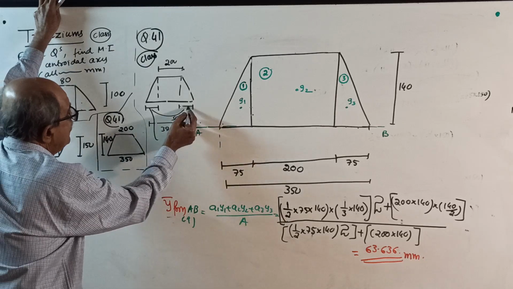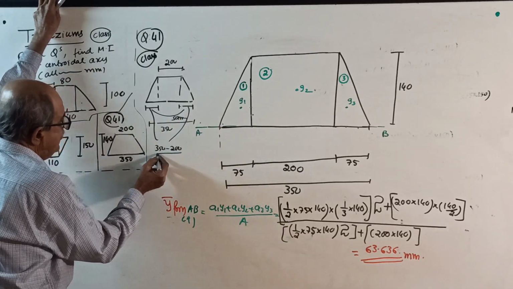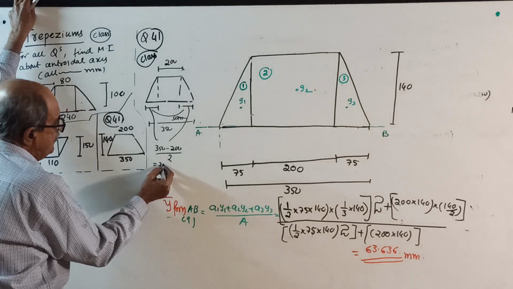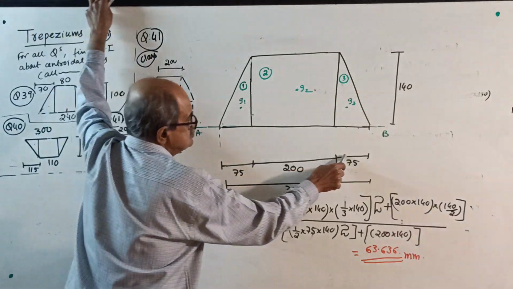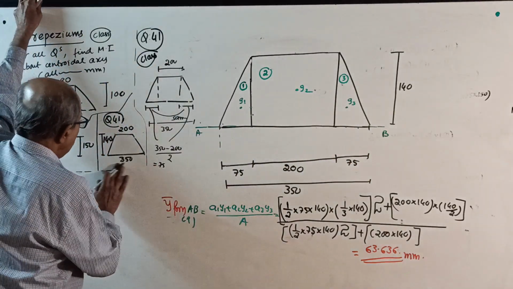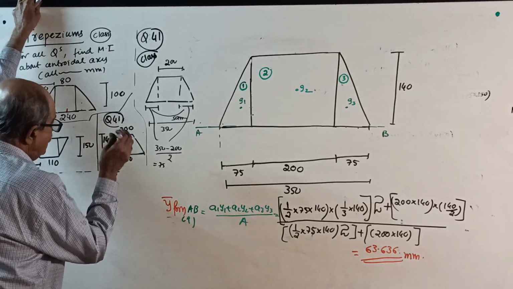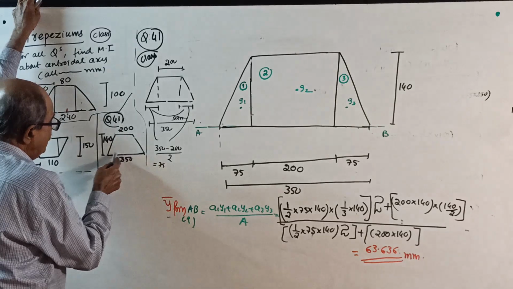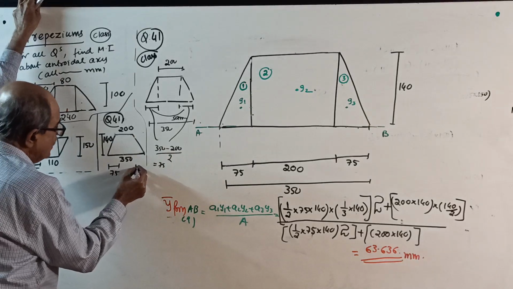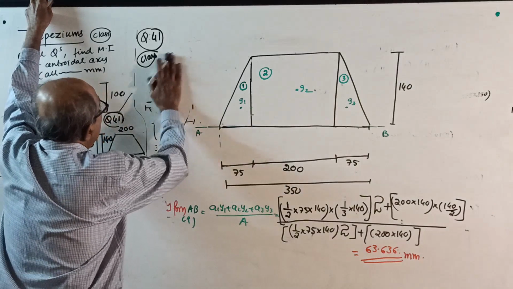Each offset will be 350 minus 200 divided by 2. See, 350 minus 200 by 2 is 75. Okay, you write this note. Or imagine in the question it is given one offset is 75. If this is 75, from 350 subtract 75 and subtract 200, this also comes 75 only. You make a note.